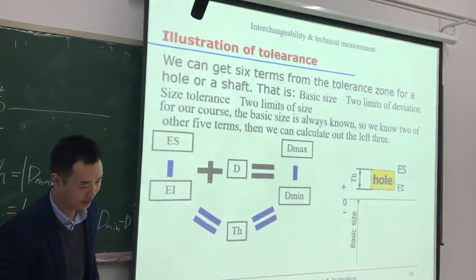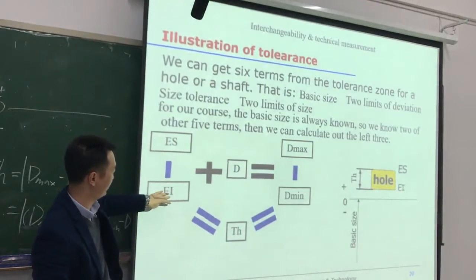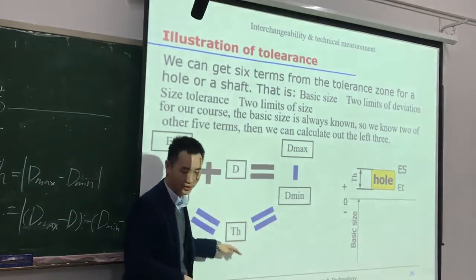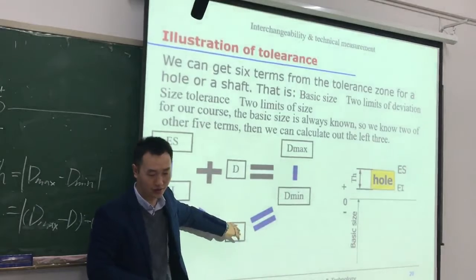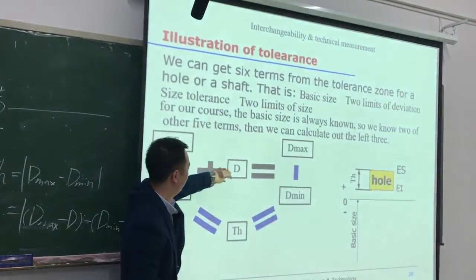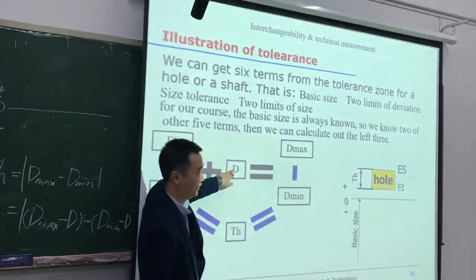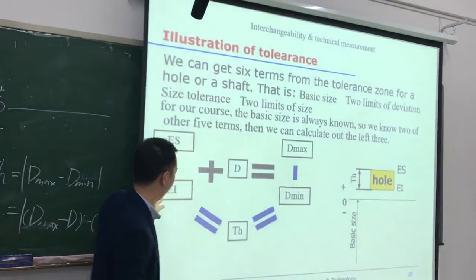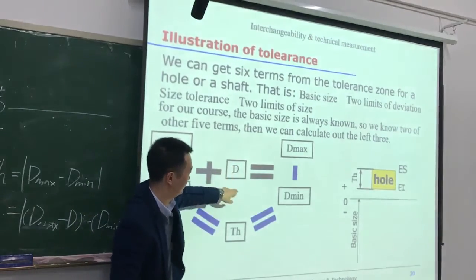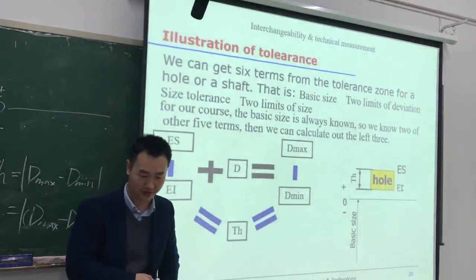The upper deviation minus the lower deviation gives TH, and the maximum limit minus the minimum limit gives TH, where TH is the tolerance for the hole. And ES plus D, or putting D on the right side, the maximum limit minus D equals ES, as our definition. And the lower deviation plus the basic size equals the minimum limit of the size.